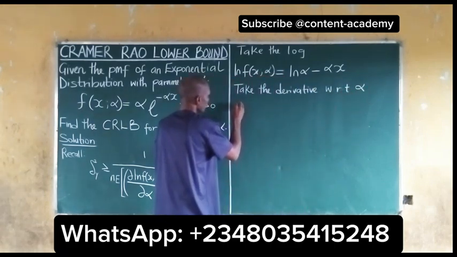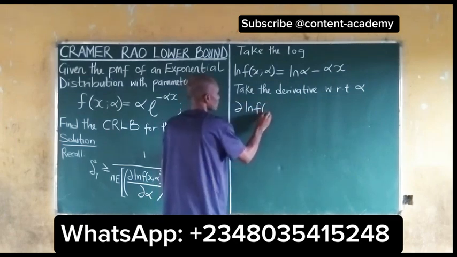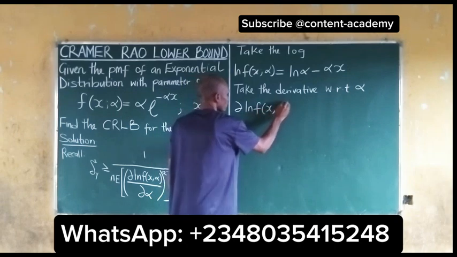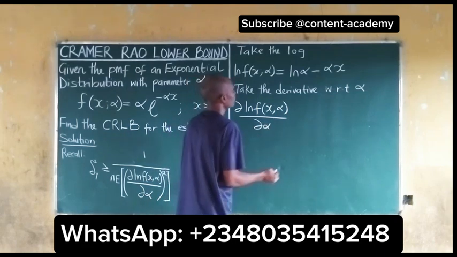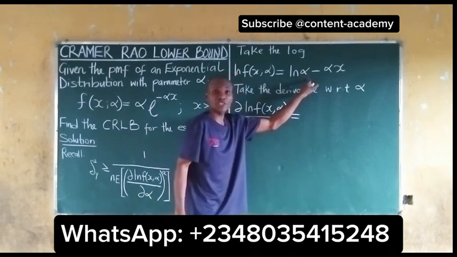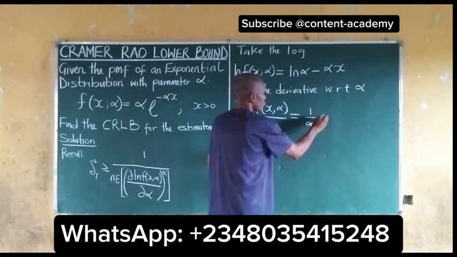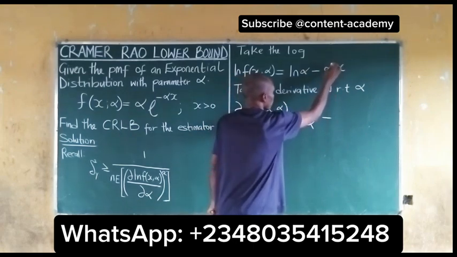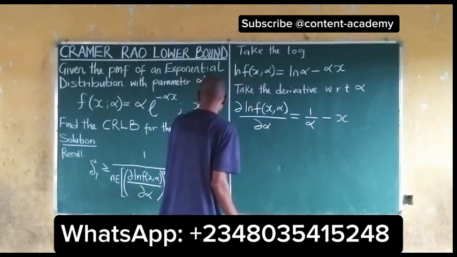So we have the differential of the given function all over the differential of alpha, which is equal to, if you differentiate this function, 1 all over alpha, minus, if you differentiate this function, of course this will go, we get x. This is what we get.